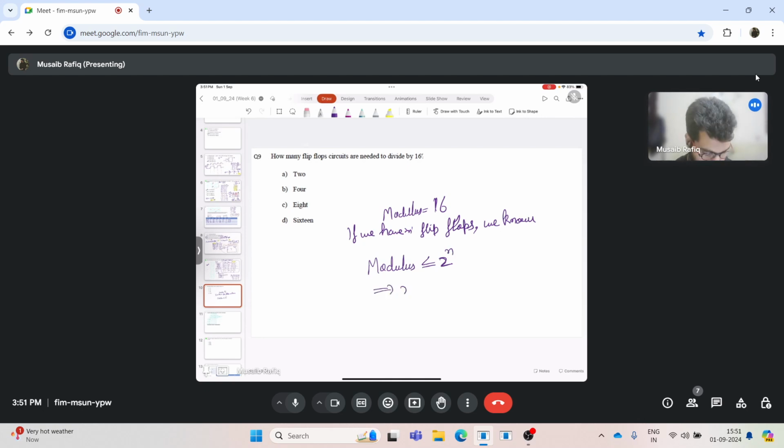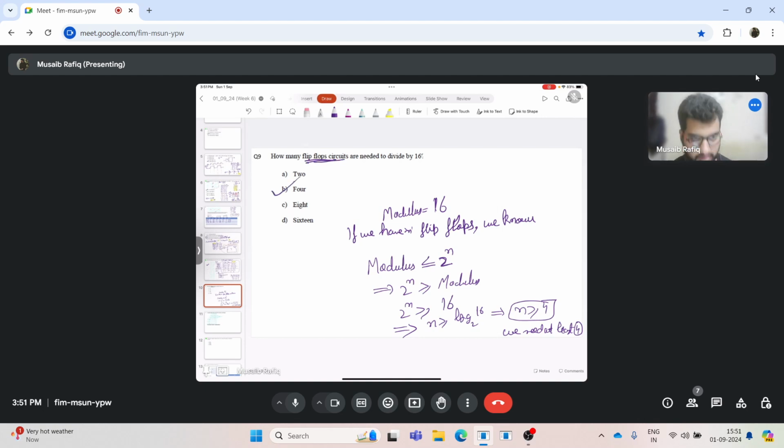That implies 2 raised to the power n is greater than or equal to 16. That implies n should be greater than or equal to log base 2 of 16, that is n greater than or equal to 4. So we need at least 4 flip-flops to divide by 16.